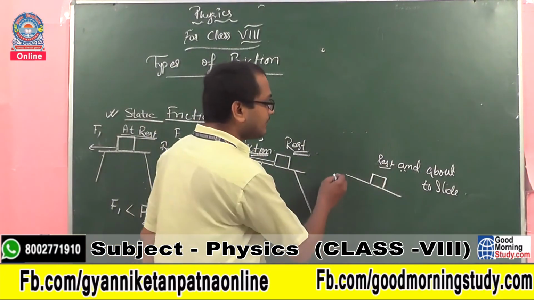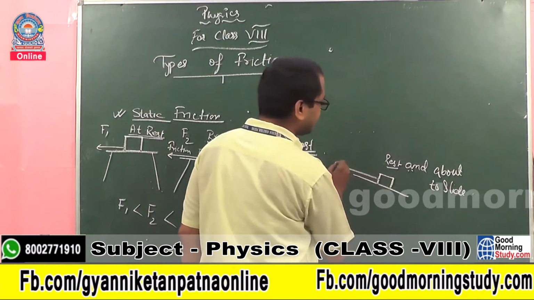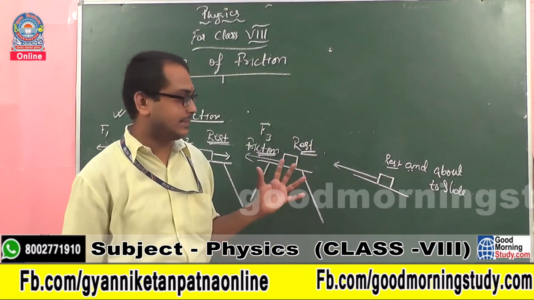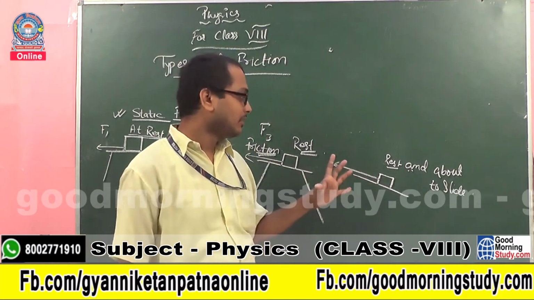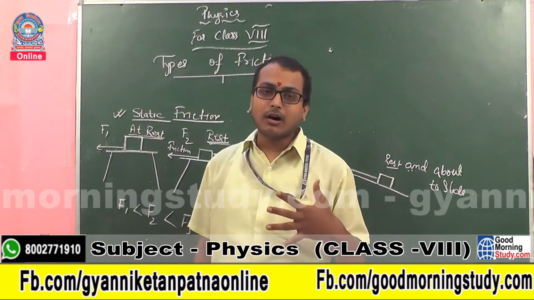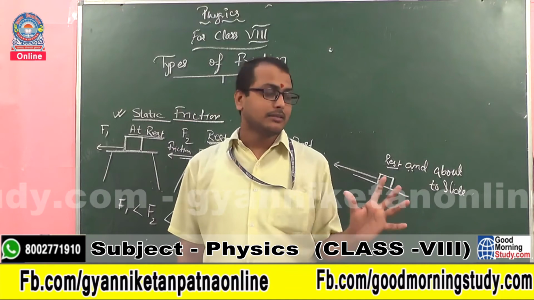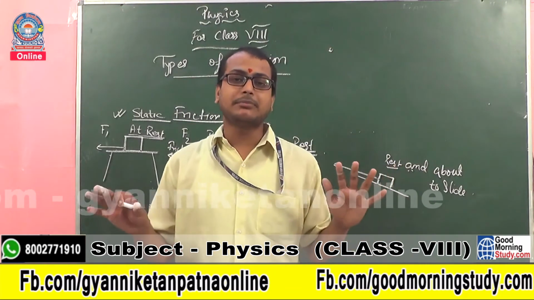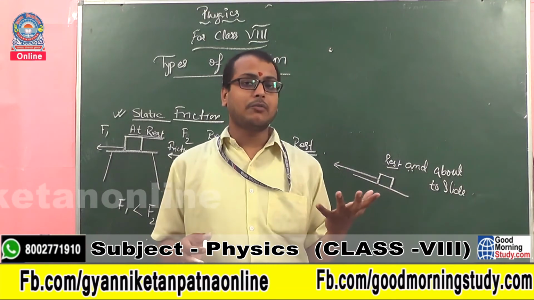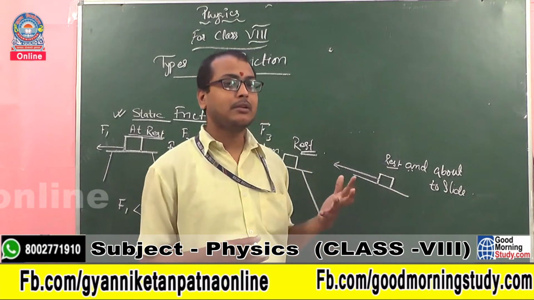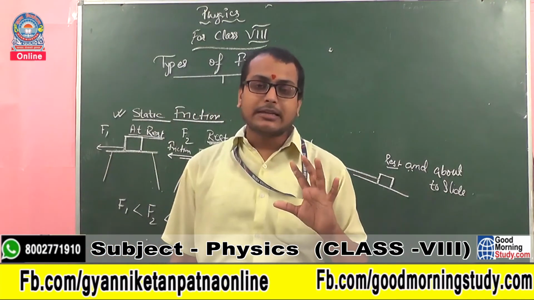So here the static friction force increases its magnitude to a greater extent, and that will be the maximum value of static friction force. Now when the movement starts, the static friction will vanish, and which type of friction will we observe? The sliding friction.